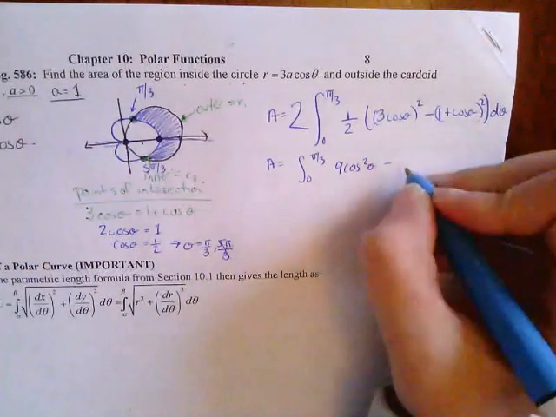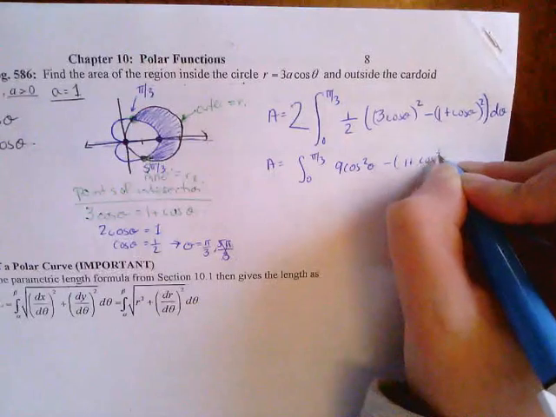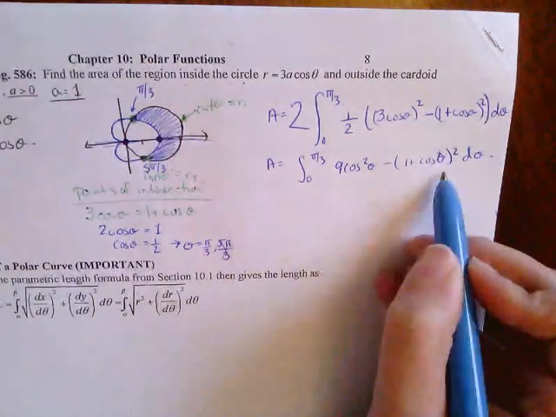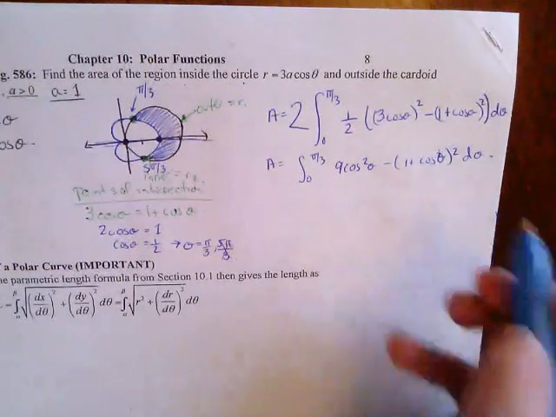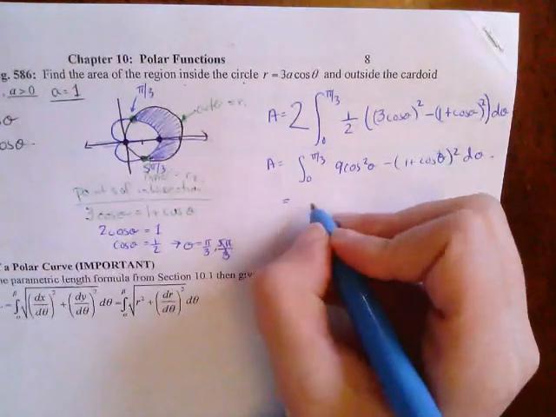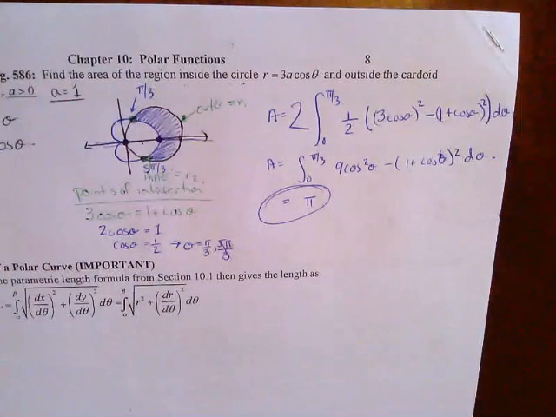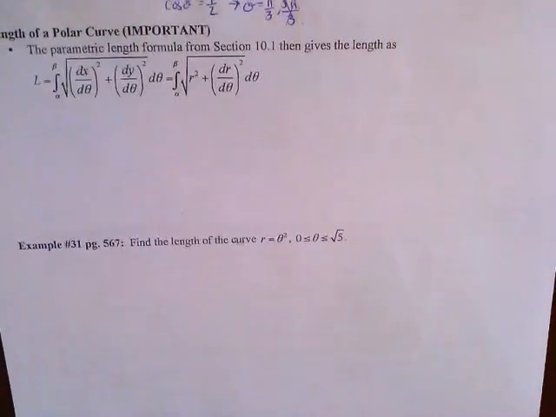This would need more foiling, and this definitely gets ugly to do by hand, but it is possible. You end up with an answer of pi. Just for the sake of not having two 20-minute videos, we're going to skip that.